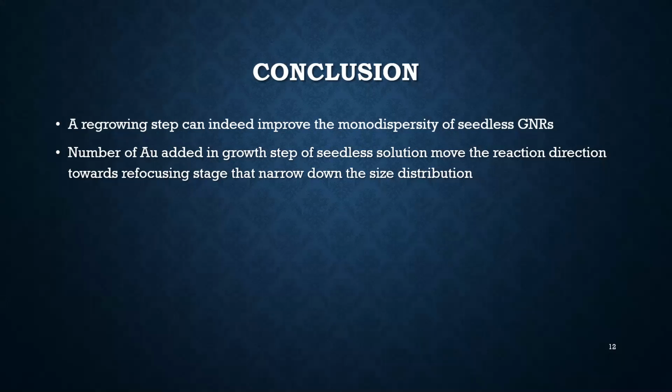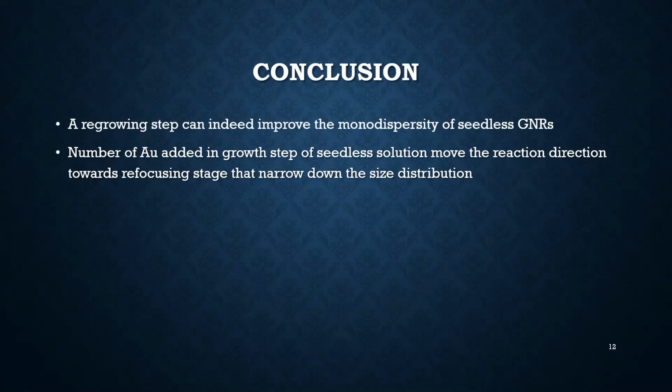Ultimately, a seedless synthesis alone, even with the optimized concentration of sodium borohydride, has a wider size distribution of 143 nanometer in full width half maximum than a seedless synthesis followed by a growth step with controlled concentration of reagent. This regrowth process gives a gold ion addition together with atoms from dissolving small particles that refocuses on the growth process of the bigger particles, which essentially narrows the full width half maximum and boosts its monodispersity.